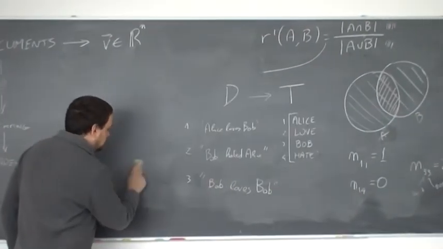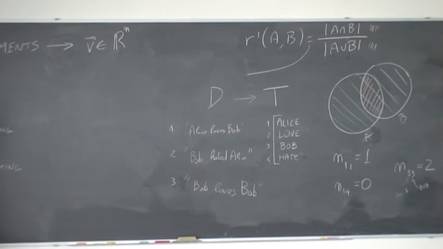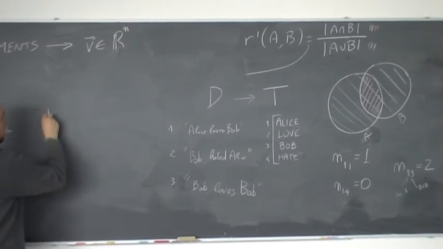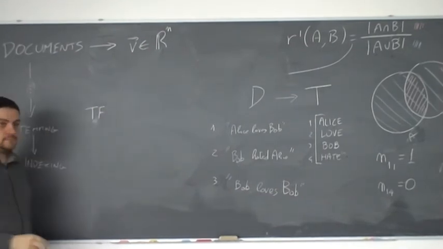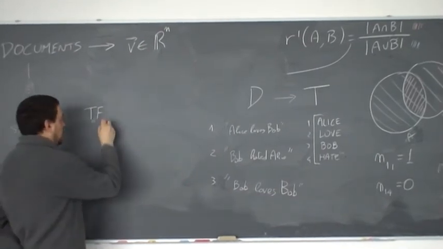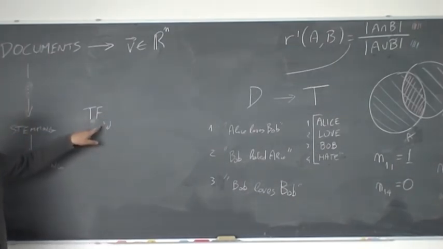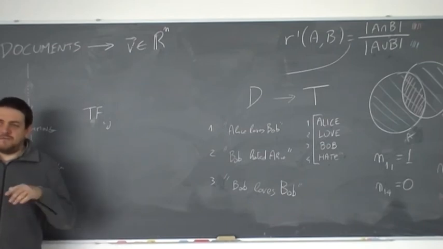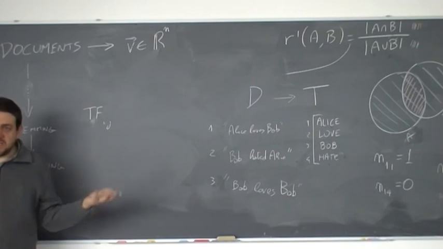Now, given this definition, we can also define the term frequency, let's call it Tf, of term j in document i as the number of appearances normalized by the size of the document.